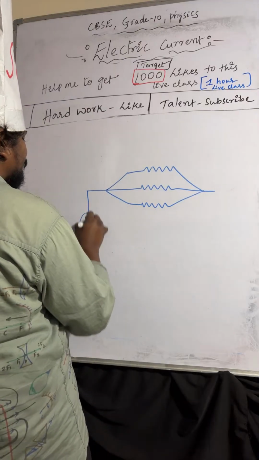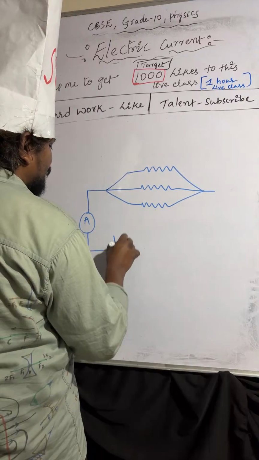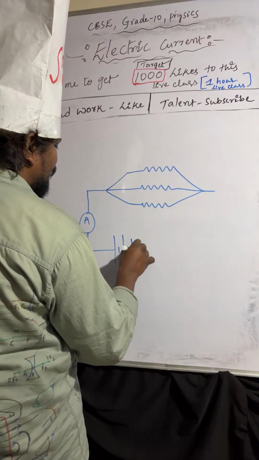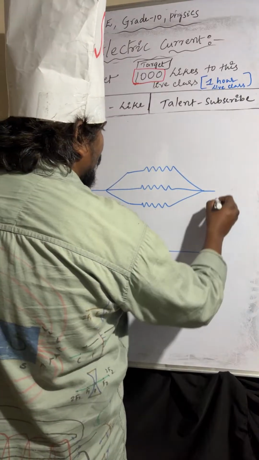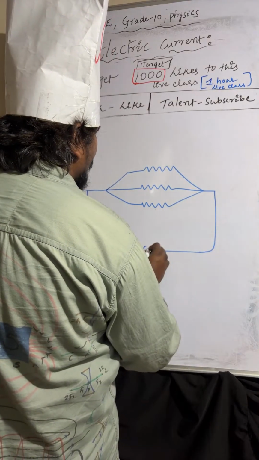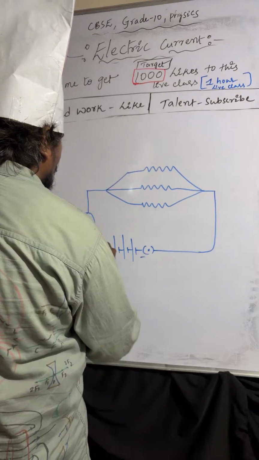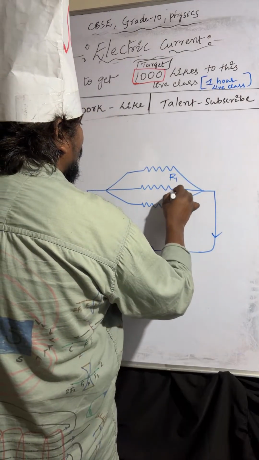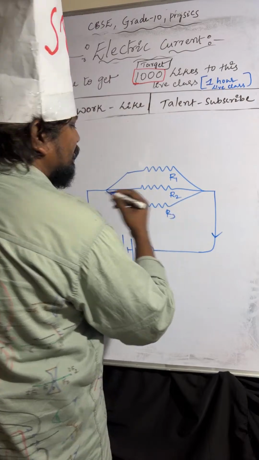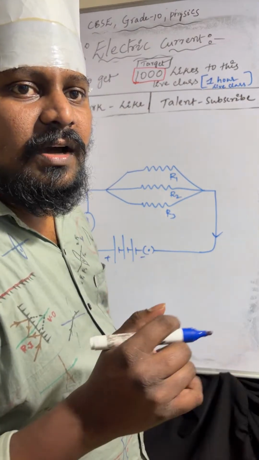Ammeter. So here you can observe the switch. Now that is connected here, current is passing here. Understood? So you can see this is R1, R2, R3.